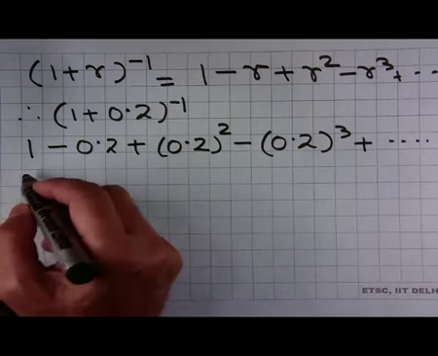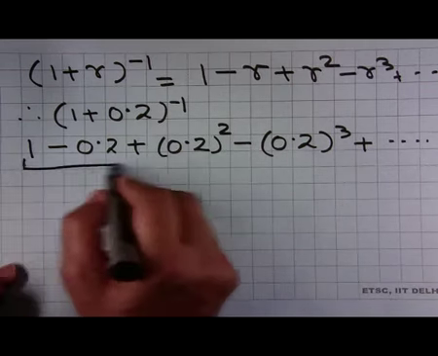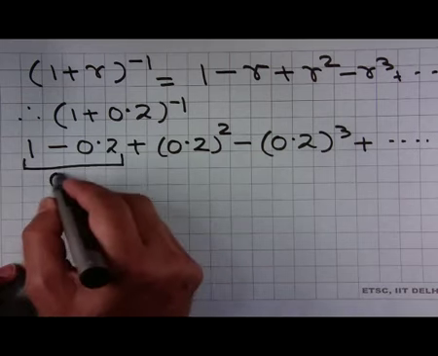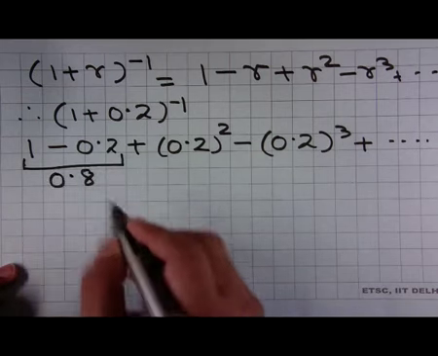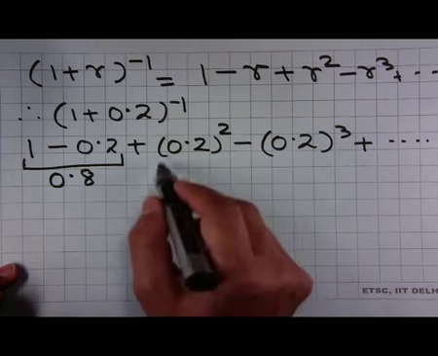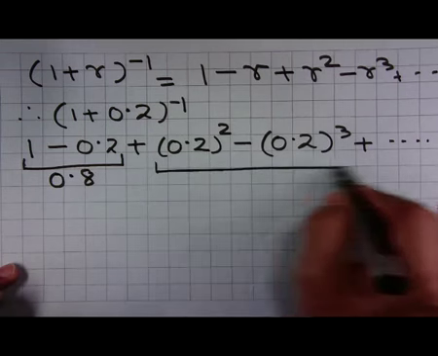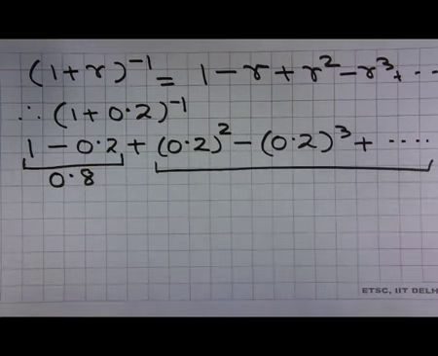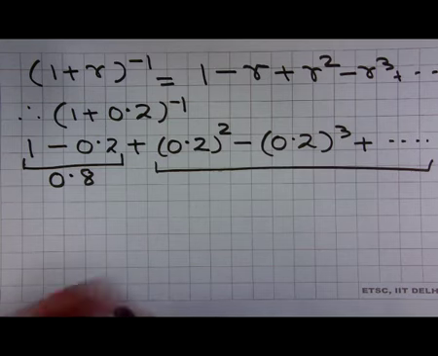We have already got here 0.8. Therefore, what needs to be checked is whether the rest is going to be 0.033.